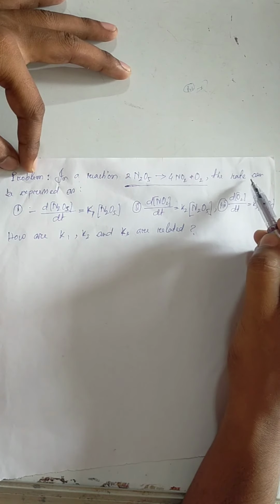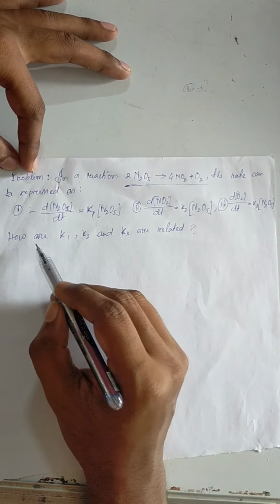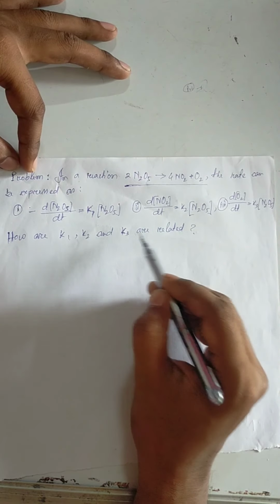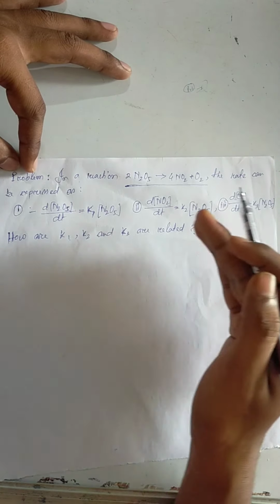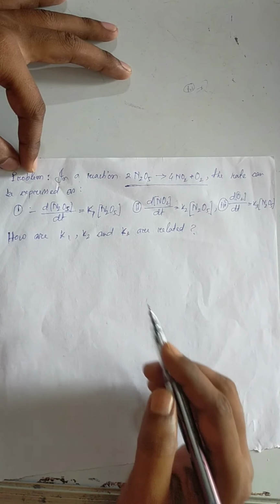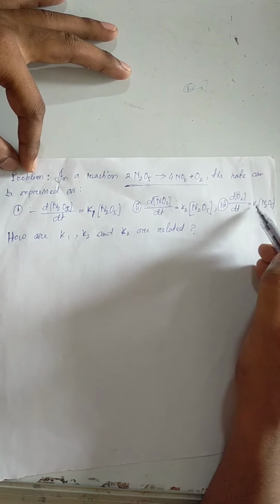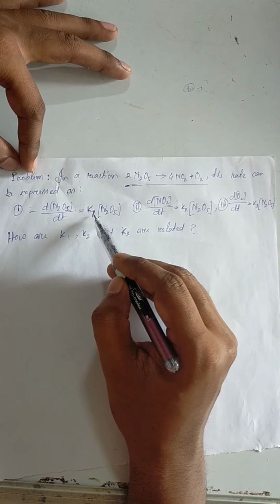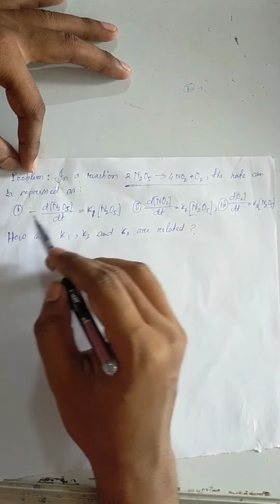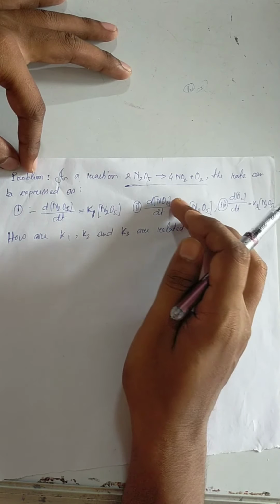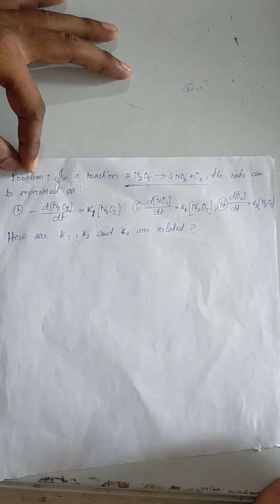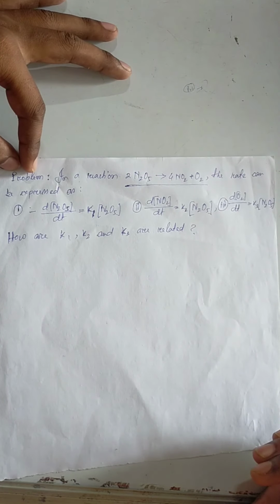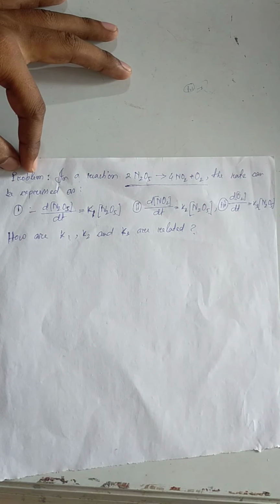We can express the rate, and we have to solve how K1, K2 and K3 are related to each other. So we have to show how K1, K2 and K3 are related through this condition with this equation. This is the reaction, so we have to solve this.